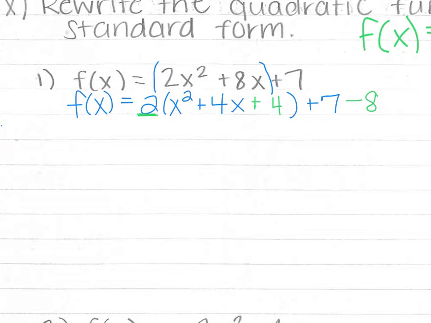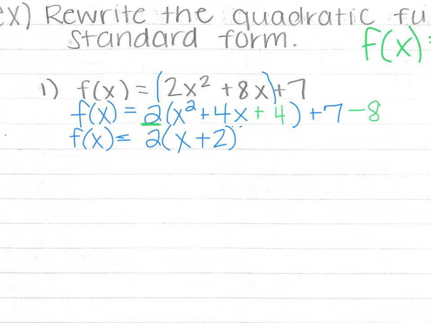So we can now continue with our problem here. The 2 stays outside. We factor inside, and this factors as x plus 2, which is then squared. And 7 minus 8 is negative 1. So in our standard form, we have f of x equals 2 times the quantity x plus 2 squared minus 1.